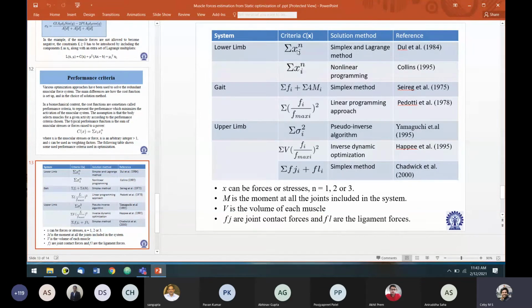Here X can be muscle forces or stresses, N can be 1, 2 or 3. M is the moment at all the joints included in the system, and M comes over here. Each system has different approaches, and these are just approaches which have been quoted or used in some papers. There is no hard and fast rule that you have to use this approach itself.